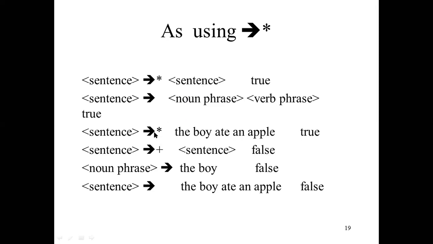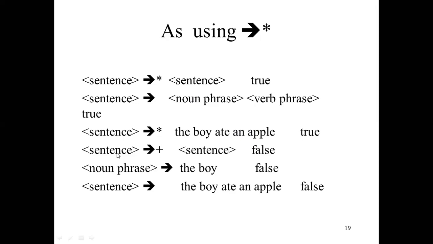Again, with the arrow star sign, you can break this to the boy ate an apple. It is true because you can write this in zero or more steps. So the boy ate an apple you will get after running a number of steps. You cannot write it directly. You can write like this, with zero steps, and like this, with more steps. But you are getting the same output.